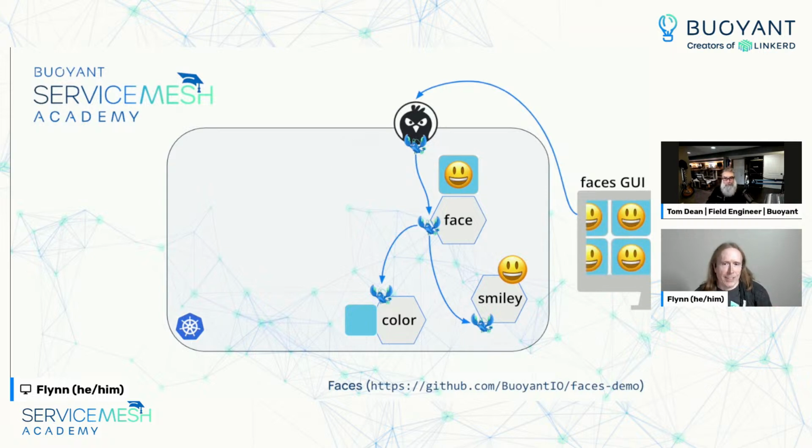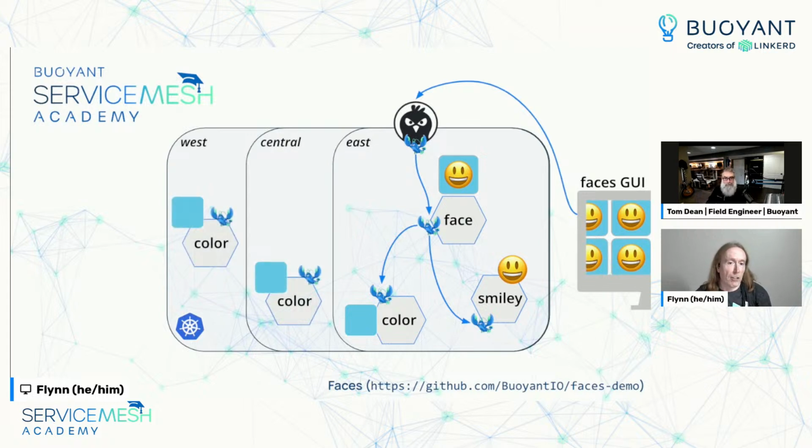But suppose that this is a multi-zone cluster. And further suppose that we have instances of our color workload in all of the zones. If we don't do anything special, then the face workload will end up spreading its traffic across all three zones because, hey, that's just the way Kubernetes wants to do things.